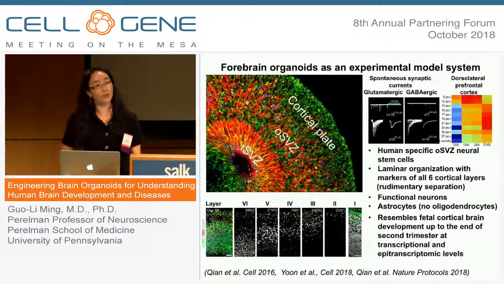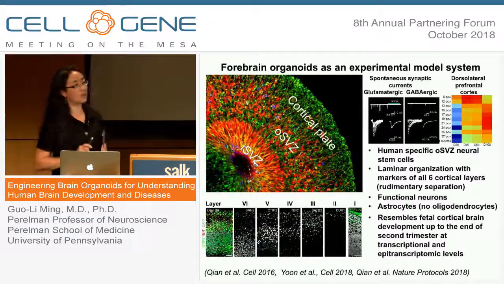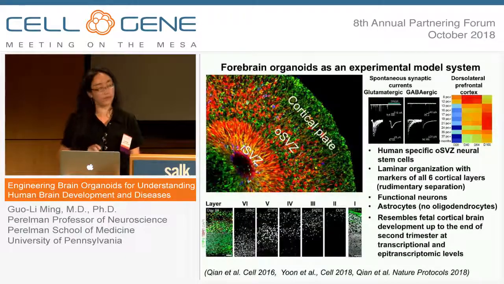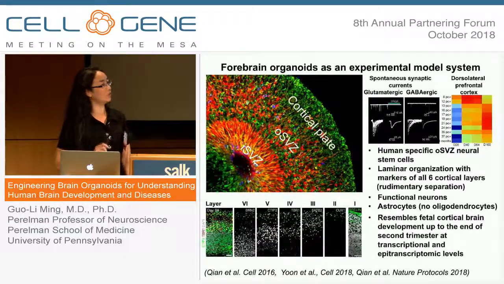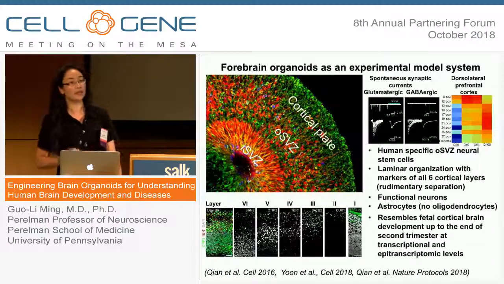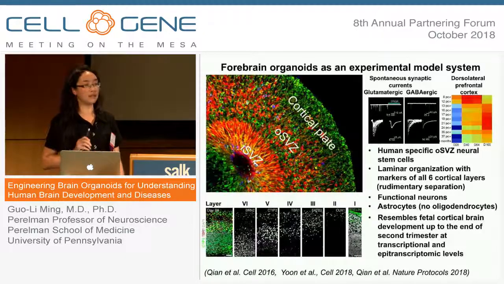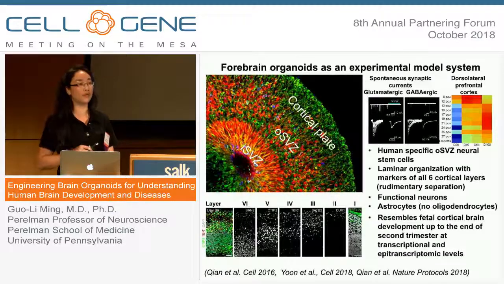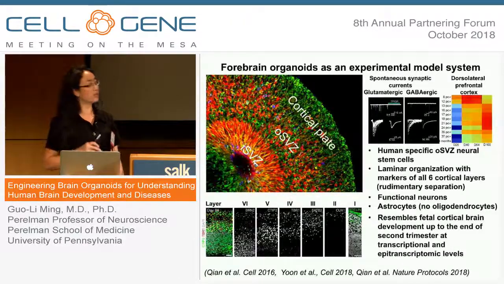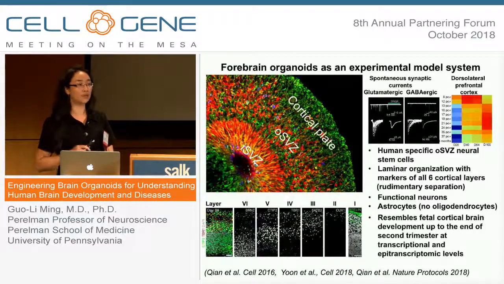So while this is very nice, one of the common things for the general organoids field is that when you grow these organoids and they become larger and larger in size, what you usually see is a necrotic core in the center, because the cells in the center do not get the nutrients and oxygen to support their growth.